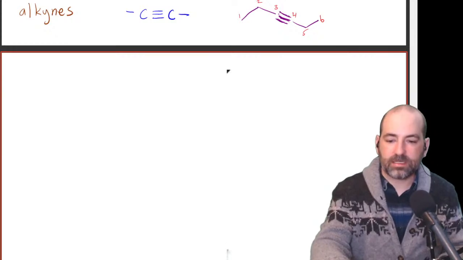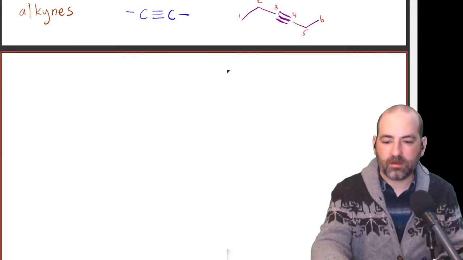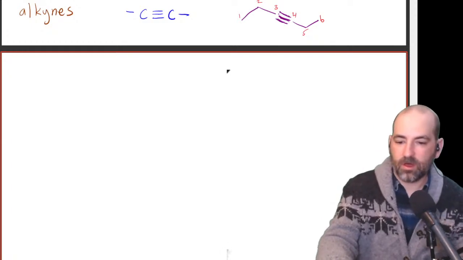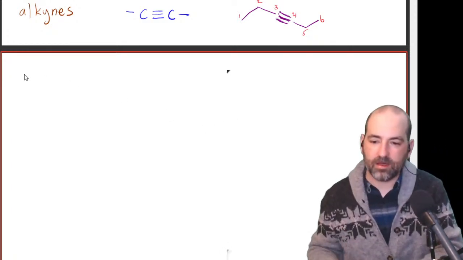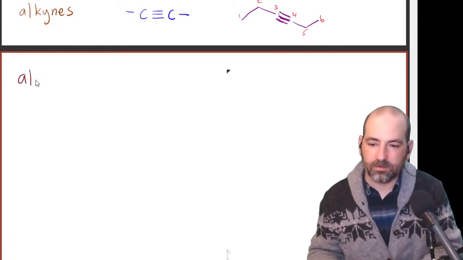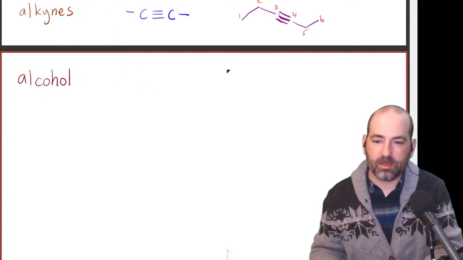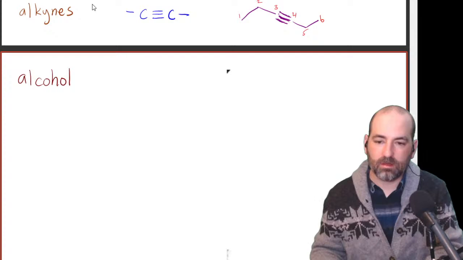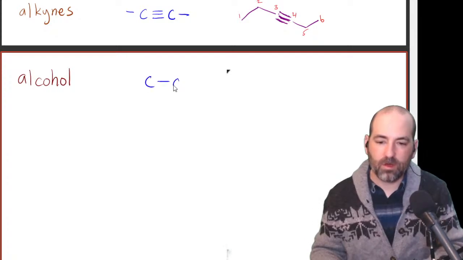Okay, next we're going to look at some other functional groups that involve other atoms attached to carbon, specifically O and S. So we've got alcohols. An alcohol is a carbon with an OH, other stuff attached.